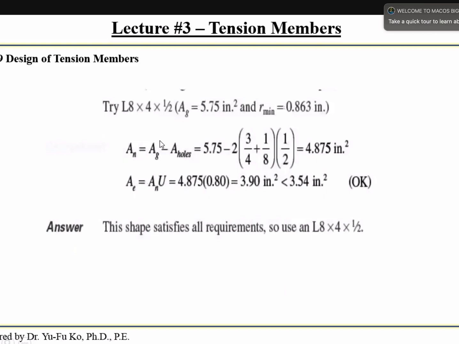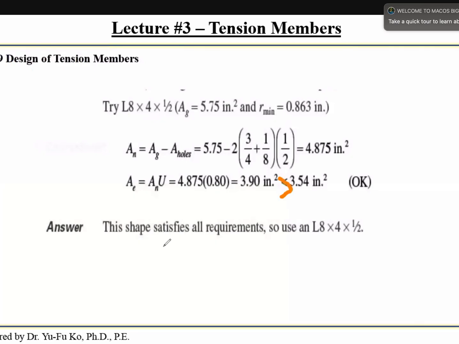And then finally, we try L 8x4 by half, and we repeat the same process. We check our effective area is 3.9 inch square, which is bigger than 3.54 inch square, so we call it okay.